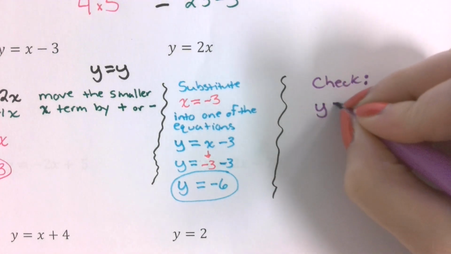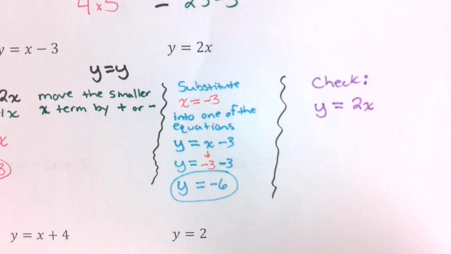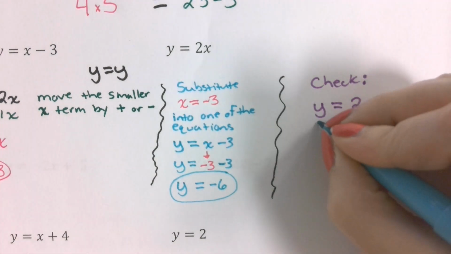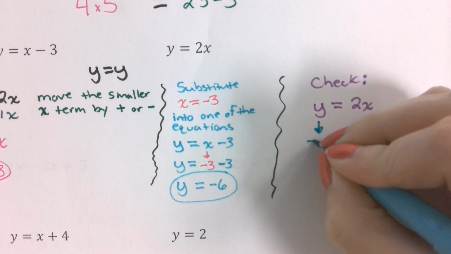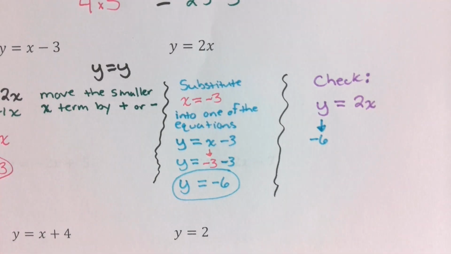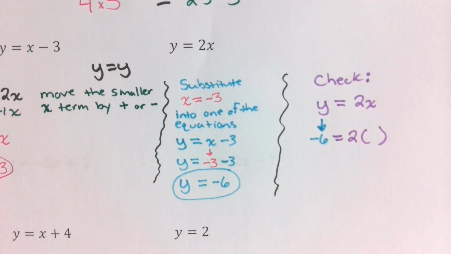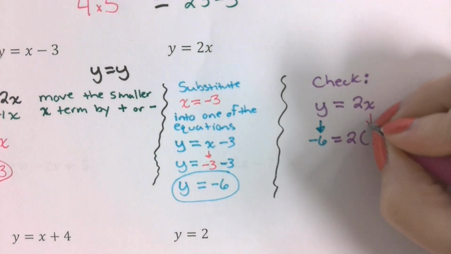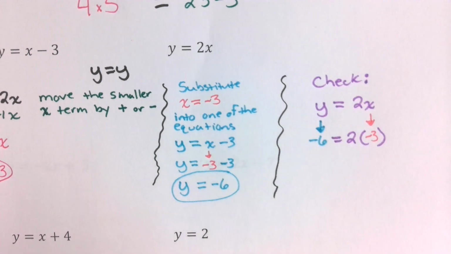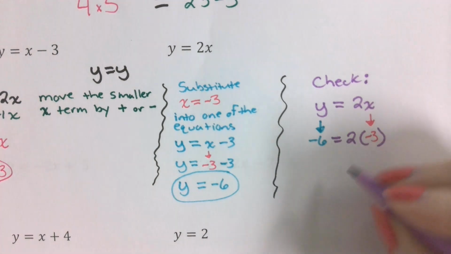We've got the equation y is equal to 2x. I'm going to replace the y with my -6. And I'm going to replace the x with my -3. Okay, so what's 2 times -3? -6.